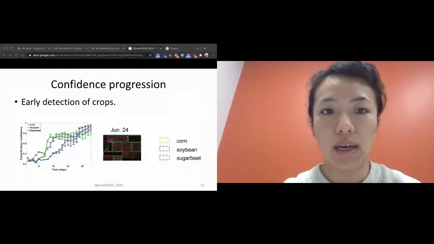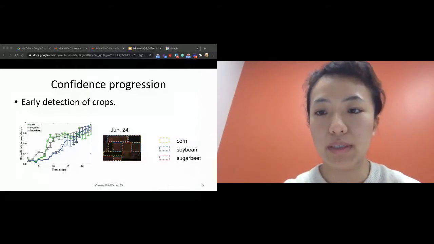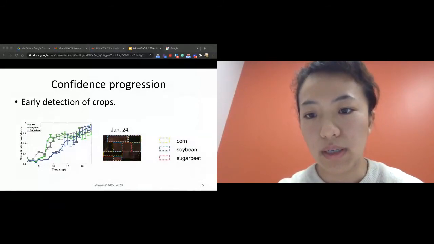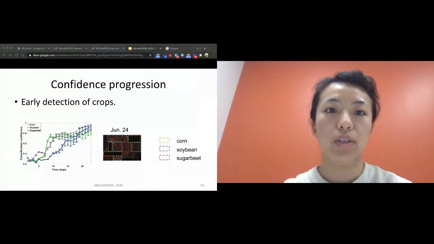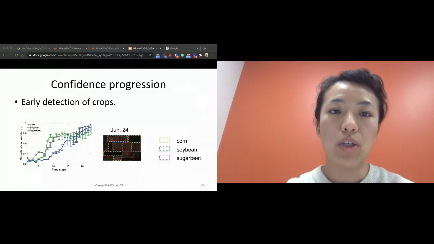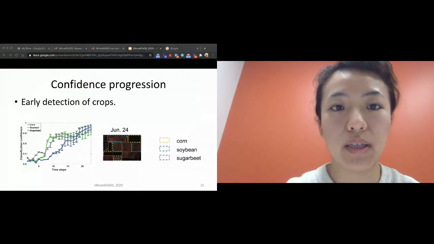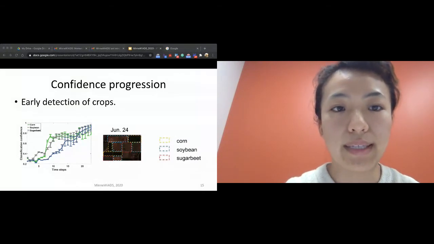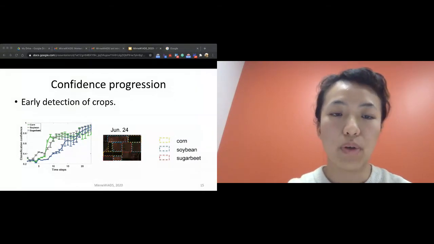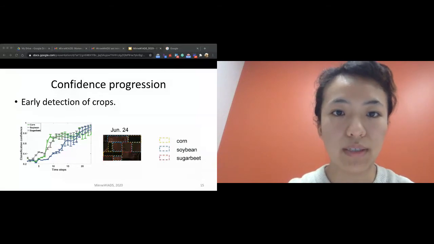Here I'm presenting the classification confidence graph over time. Like I mentioned, in the model we gradually update the discriminative knowledge, denoted as OIT, to capture the progression of classification confidence.